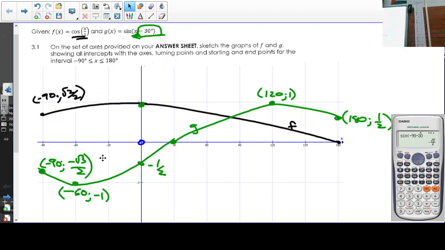No. So let's look at the questions pertaining to these graphs here. The first one in 3.2 says write down the amplitude of f.